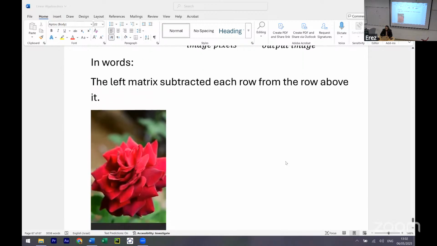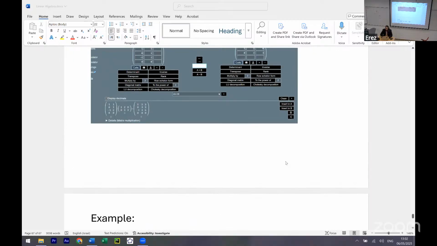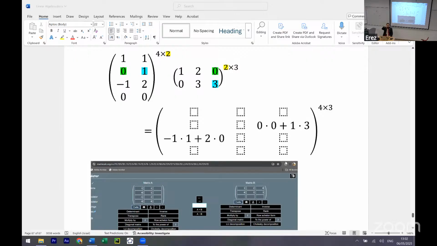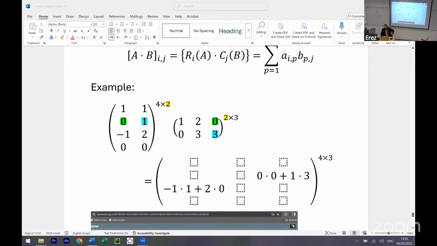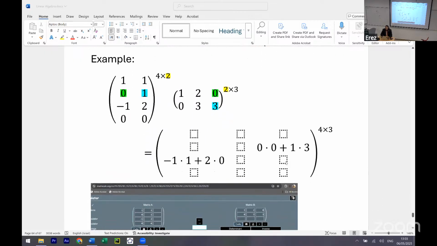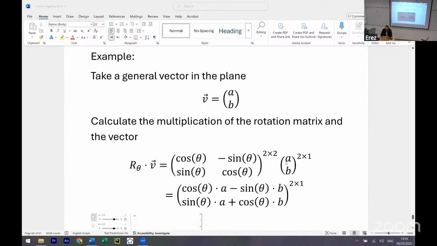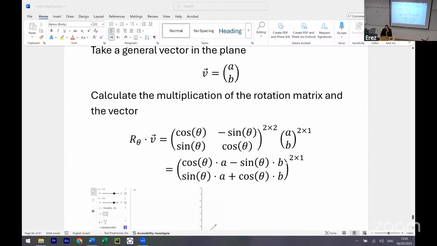Quick recap: we learned last time how to multiply matrices row by column. By the end of the class I showed you a few examples of why I claim that matrices are actually functions, because when you multiply by a matrix, it can apply some kind of change.